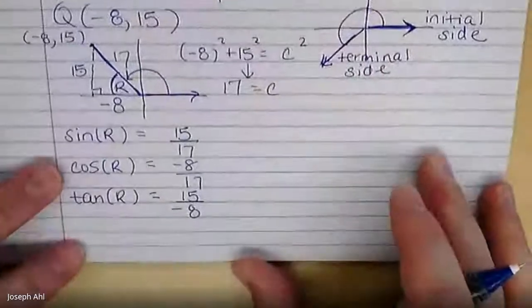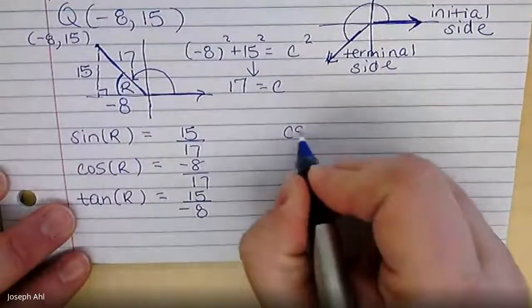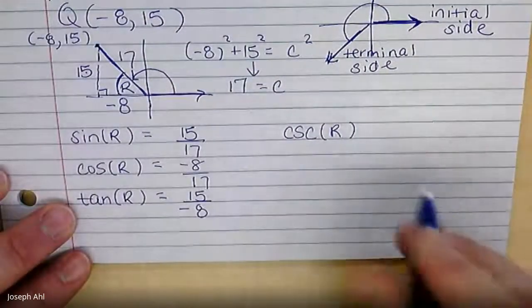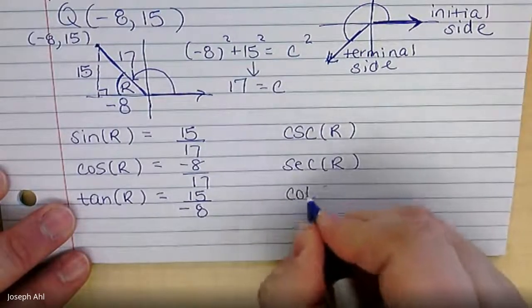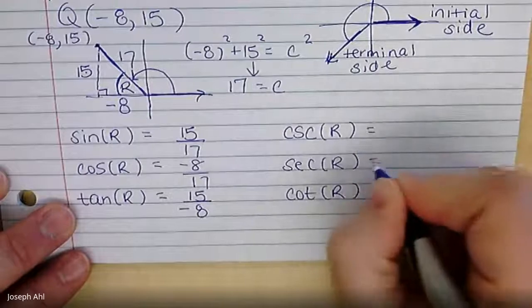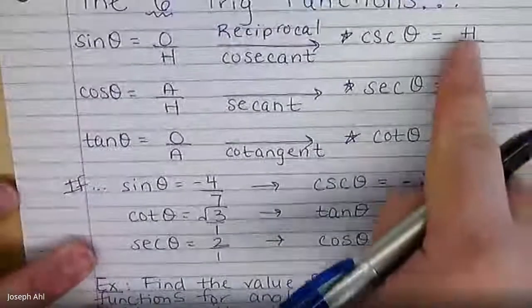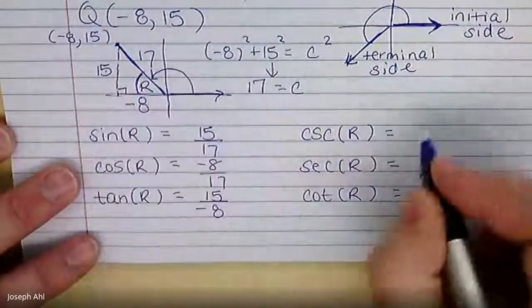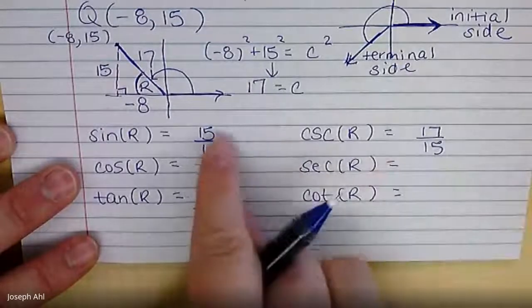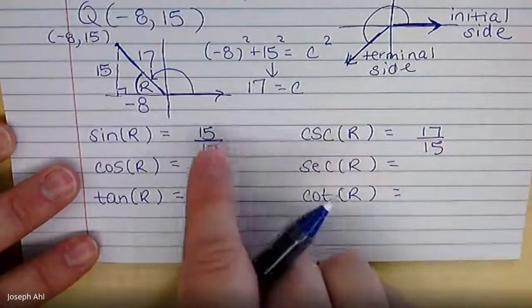So then the last piece is, of course, just writing those reciprocal functions in: cosecant of R, secant of R, and finally cotangent of R. And there's not that much more work involved here. Could I go back and say, let me do hypotenuse over opposite for cosecant? Hypotenuse over opposite, 17 over 15. We could, but we already know we're just going to flip the ratio for sine.